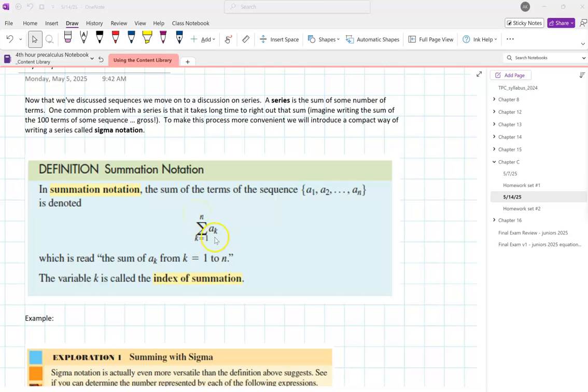The k is a dummy variable, the index variable. It's the sum of a bunch of things, and the way you find the things is by using the formula A sub k, plugging in 1, 2, 3, all the way up to n.